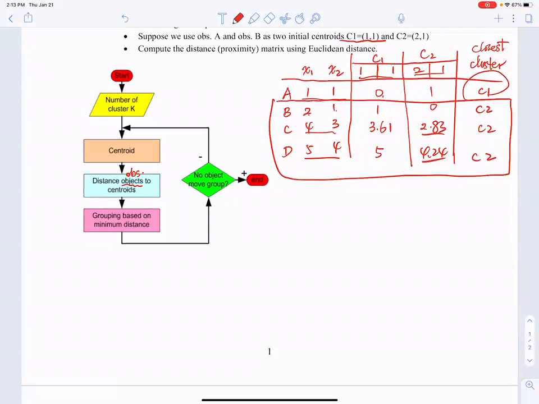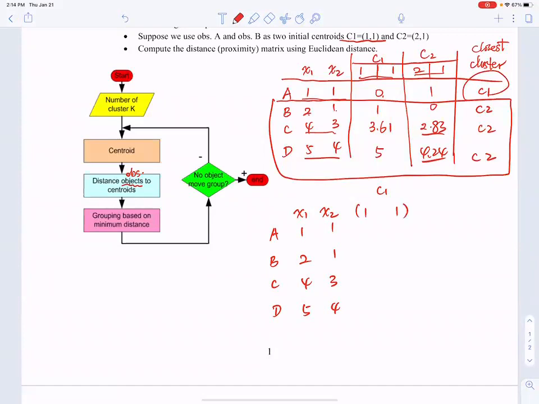Let's do it again. We still have X1, X2, A, B, C, D: (1, 1), (2, 1), (4, 3), (5, 4). Centroid 1 is still (1, 1).